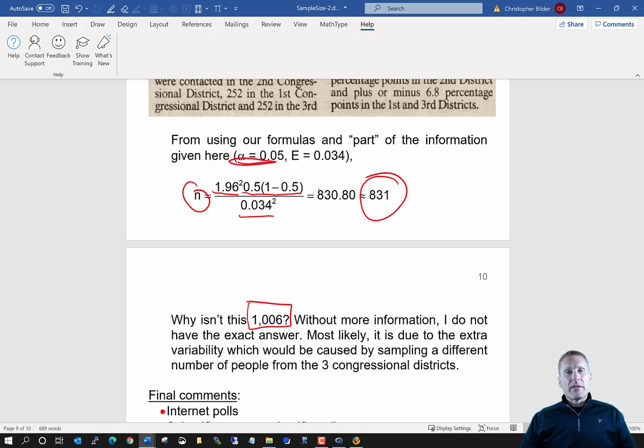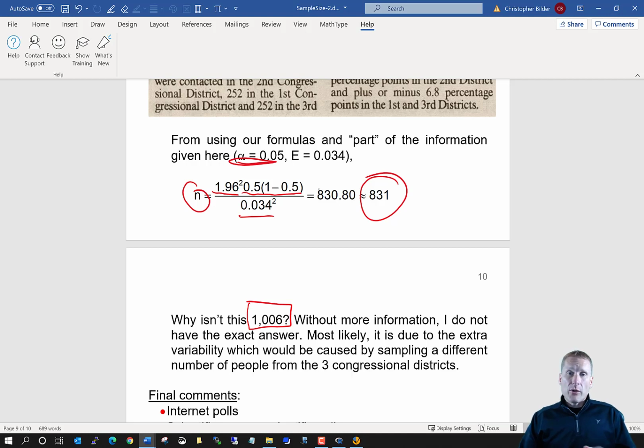They also did some weighting of the people that were included in their survey so that they could get an accurate representation of the actual voting base for people in Nebraska. So perhaps in their sample, maybe they had a larger proportion than what you would expect of 18 to 29 year olds in terms of who actually votes in Nebraska.